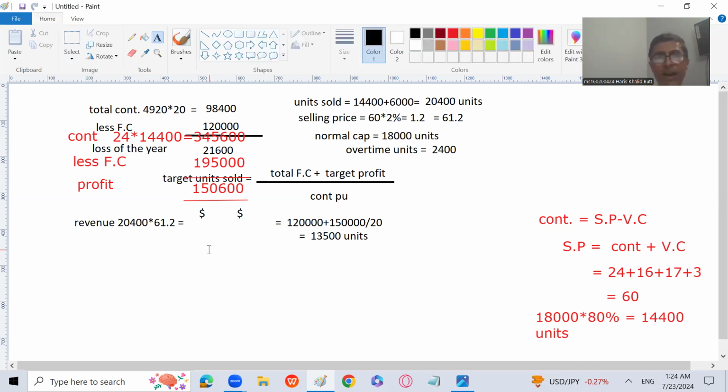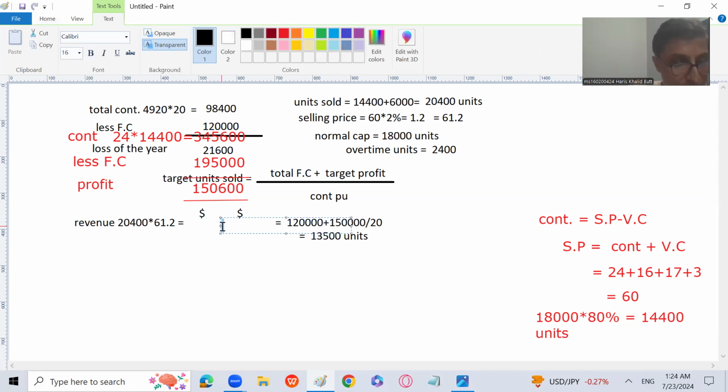I'm not preparing the full-fledged statement because he demands only the working. Working is enough because he didn't ask us to prepare a proper marginal costing statement. If you are preparing it, you can do that; if not, it doesn't make any difference. So 20,400 multiplied by 61.2, you will get 1,248,480.